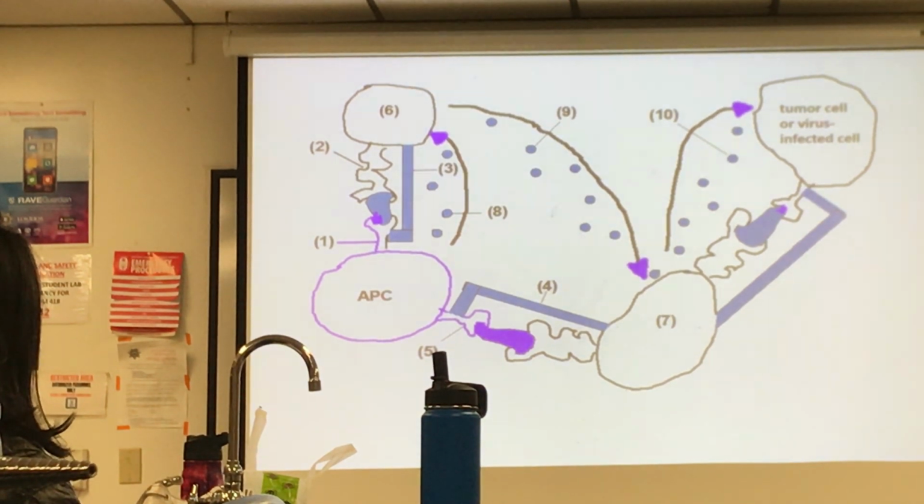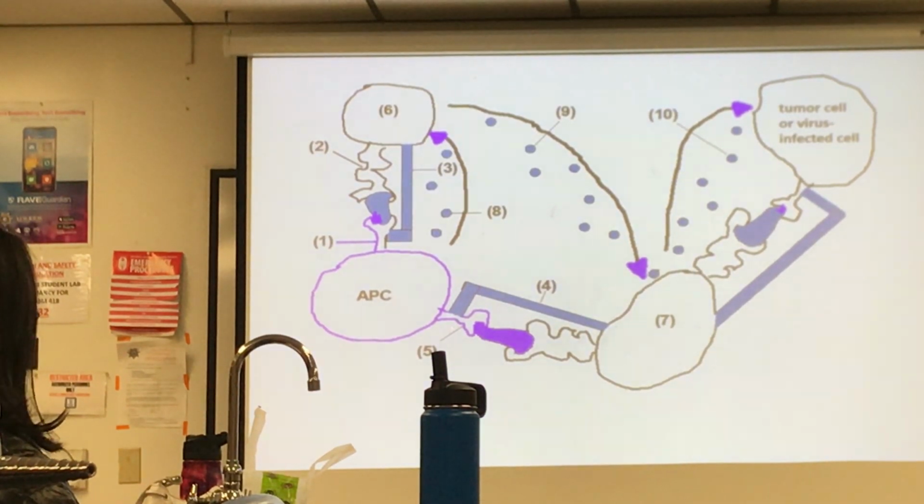And then the macrophage releases interleukin-1, which activates our T helper cell. Okay? Now we have the T killer cell. It interacts with the same antigen, but now that antigen is being presented by an MHC class 1, stabilized by a CD8 molecule. And now the T helper cell releases interleukin-2, which activates the T killer cell.